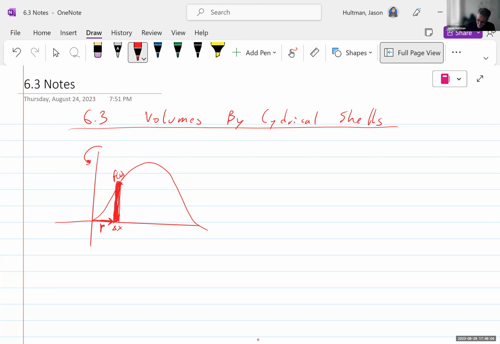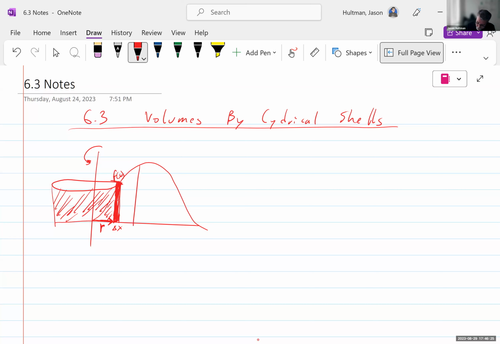And then we just continue to add up all these little strips, and what these create are areas of strips, or surface areas of a cylinder. And then we're just going to add up all of those cylinders.